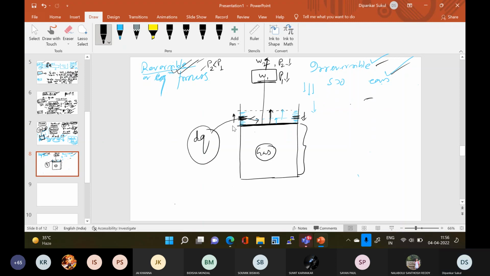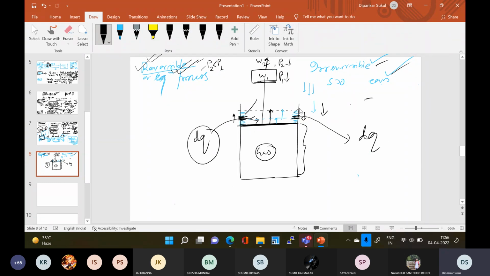Then during the equivalent intermediate step during compression, if both expansion and compression are reversible, the system will discard the same amount of heat to the surrounding in that equivalent state.